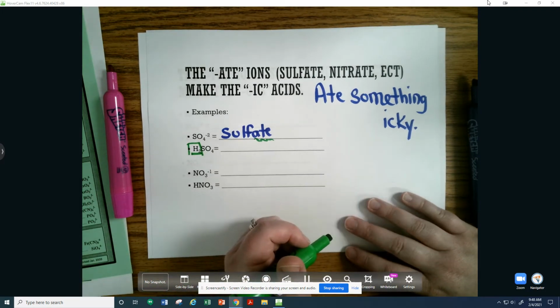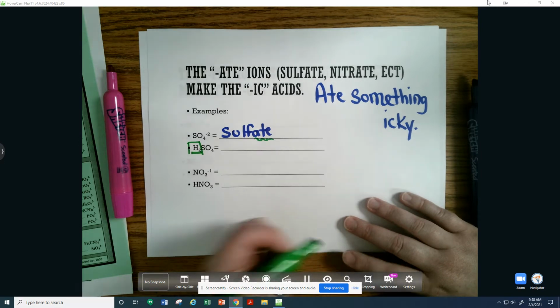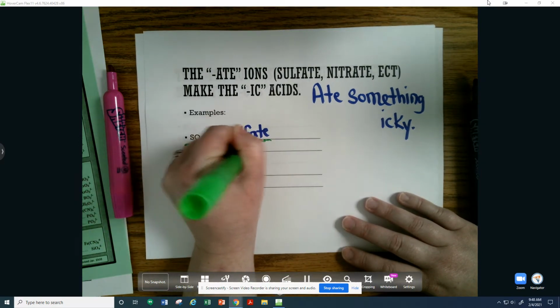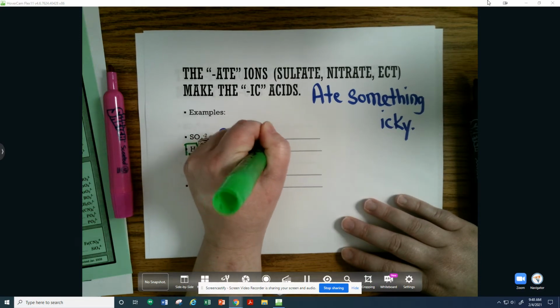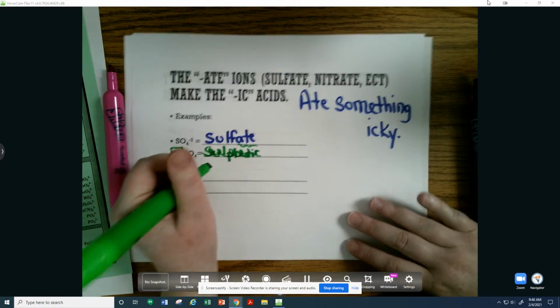Now here's another sub-rule, and I've never really thought about it. I've done research on why this happens, but there's never really a good explanation: it's not sulfic acid, it becomes sulfuric acid. Let me rewrite that. My handwriting's not doing too well right there.